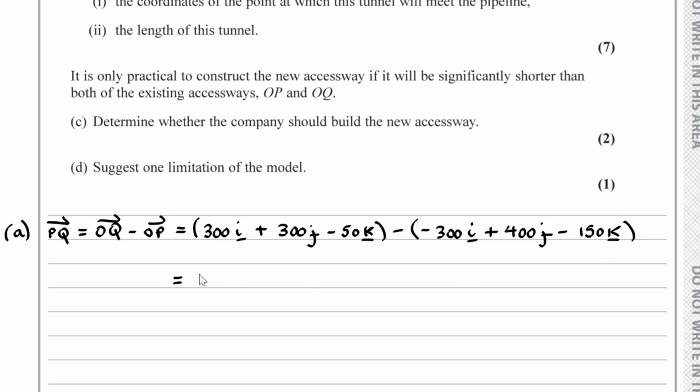If we work this out, we get 600i minus 100j plus 100k.